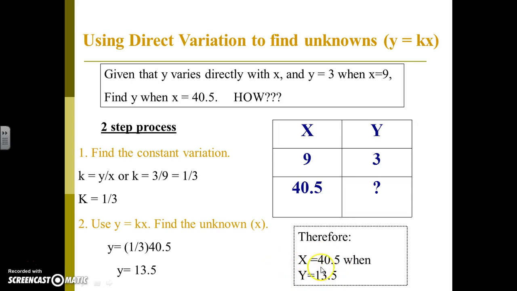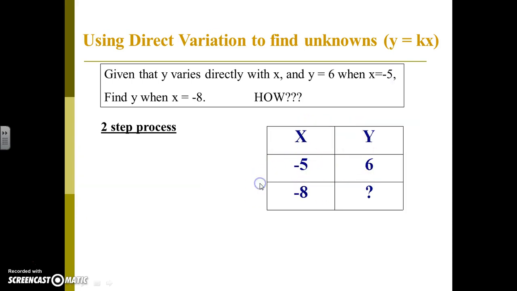And we could check that ratio: if you just divide 13.5 by 40.5, this y value divided by this x value, it should be in the same ratio as 3 over 9, which simplifies to 1/3. That's one way you can check all of these. Remember, when you divide y by x, it should be the same ratio for every set of values, every ordered pair, every x and y value in our situation.